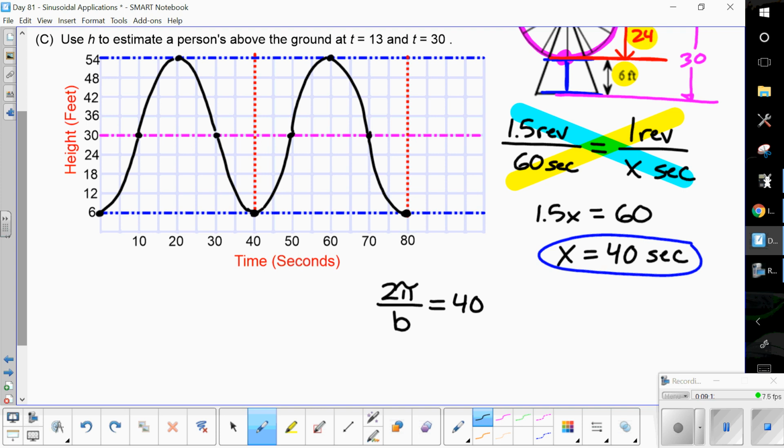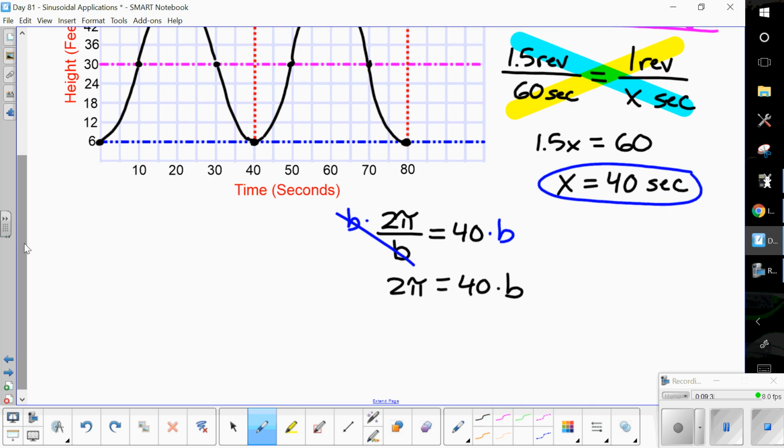And now I'm just going to do a little algebra here to get b by itself. So I'll go ahead and multiply both sides by b. I get 2 pi equals 40 times b.